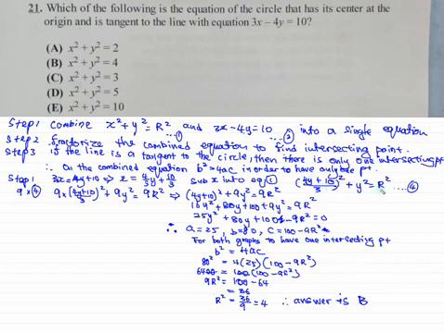You simplify this combined equation until it becomes a quadratic equation with a y squared term, a y term, and a constant.